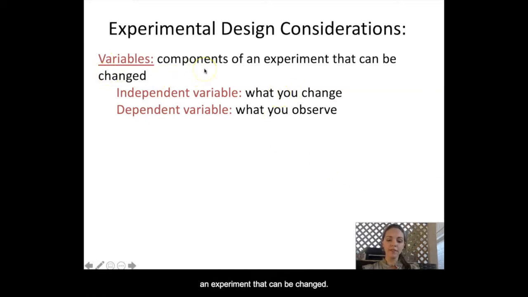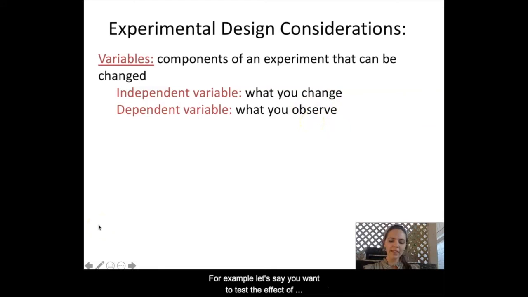Variables are components of an experiment that can be changed. There are two types, independent and dependent. The independent variable is what you, as the experimenter, change. On the other hand, the dependent variable is what you, as the experimenter, are observing, what happens during the experiment.